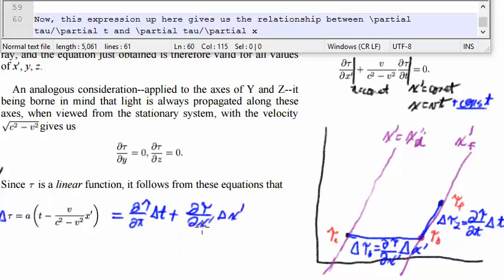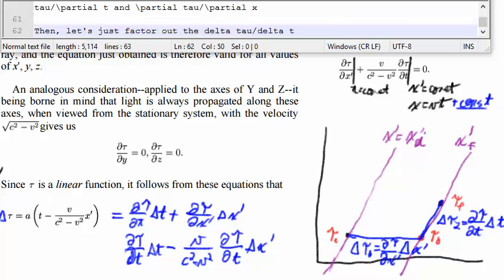Del tau del x prime is going to be minus v over c squared minus v squared times delta tau delta t times delta x prime.